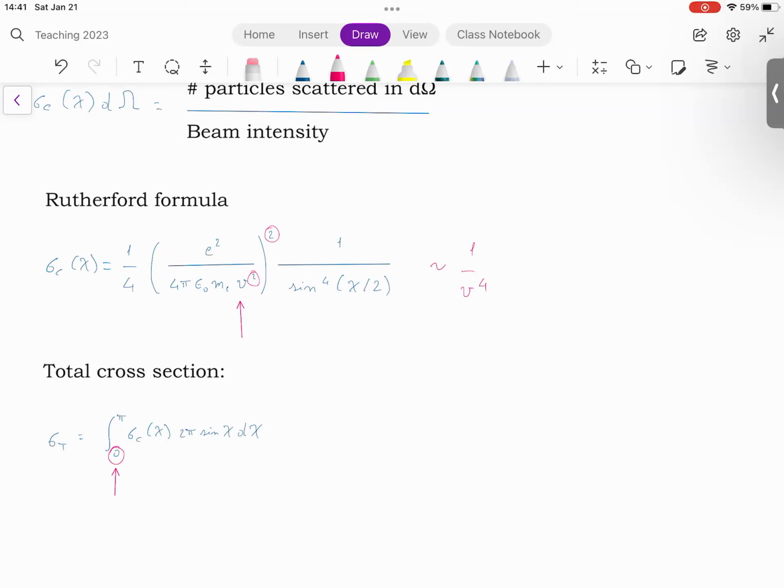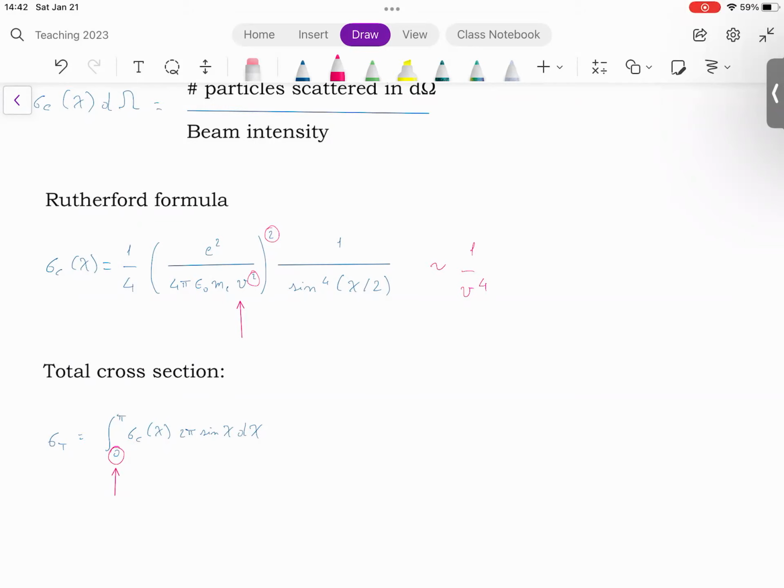But it's also true that there is going to be a lot more chances to have a collision with a large impact parameter, just because the probability of having a particle to collide with at a very small impact parameter is going to be much lower than having a chance to collide with a particle at a much larger distance, just because the volume involved, and therefore the number of particles involved in that type of collision, is going to be so much higher for large impact parameter and small deflection angles.